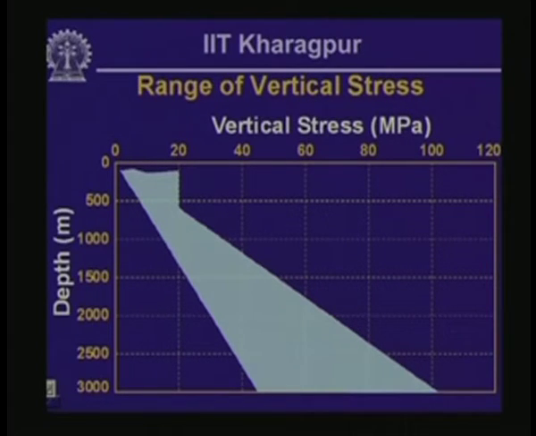But roughly speaking, the vertical stress increases linearly with depth, and the linear increase is approximately computed if you consider a unit weight of rock in the range between about 20 kilonewton per meter cube to about 28 kilonewton per meter cube.